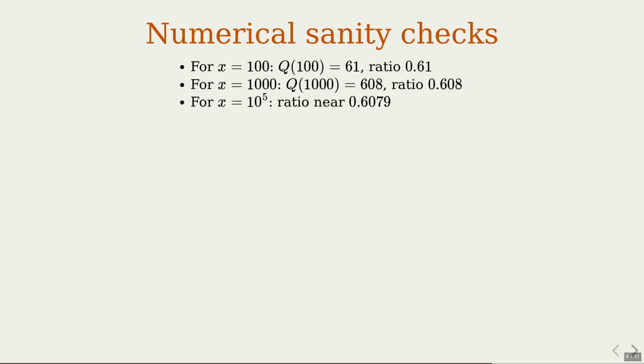If you push the computation to 100,000, the ratio q of x over x gets extremely close to 0.6079. If you plot the difference between q of x over x and 6 over pi squared, multiplied by square root of x, the values stay roughly bounded, just as the error term predicts. So the numbers confirm that the theoretical density and the square root error term really describe what happens.